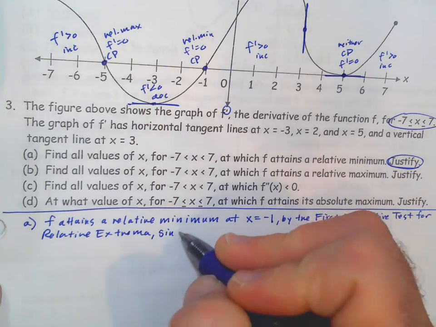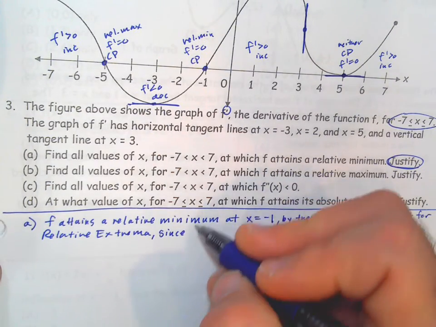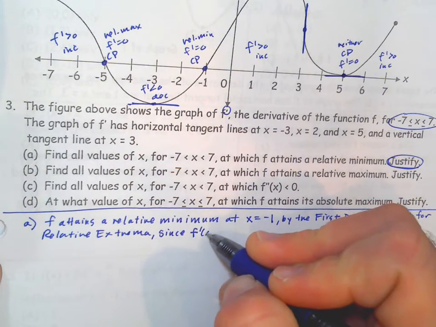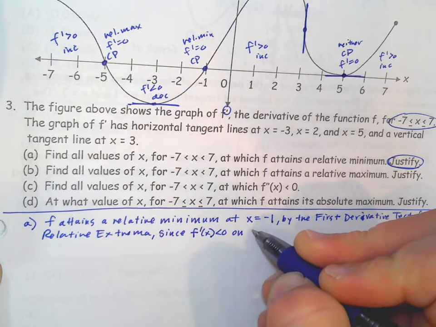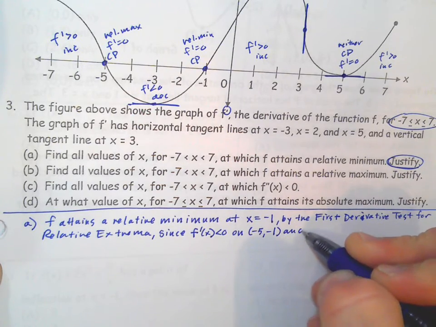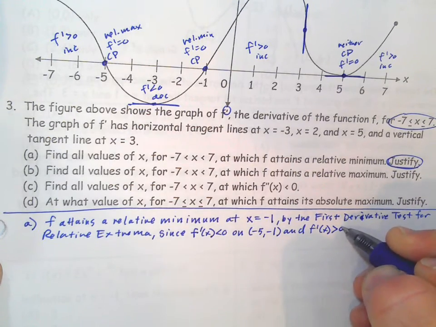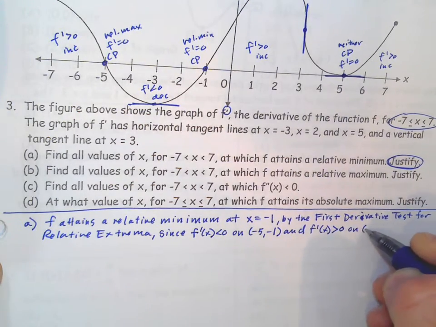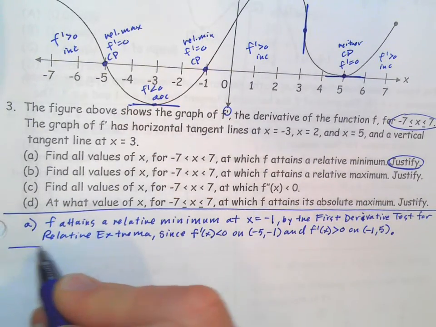Since it's all about the derivatives on the left and right being positive and negative, since f prime of x is negative to the left, specifically from negative 5 to negative 1, and f prime of x is positive on the right side, specifically on the interval negative 1 to 5. That's a really good, thorough answer.